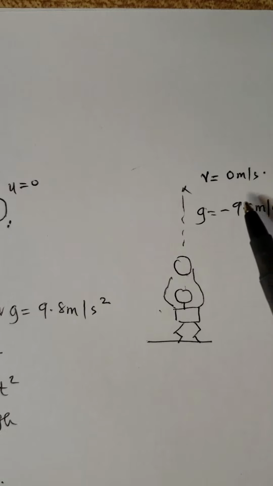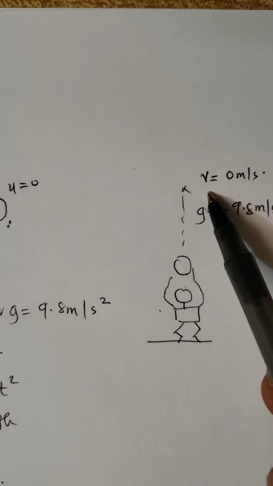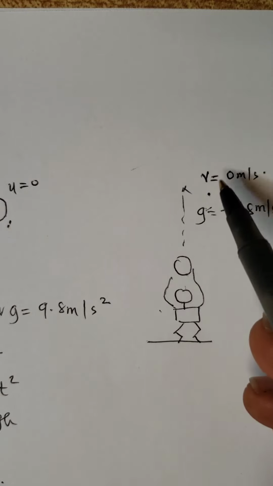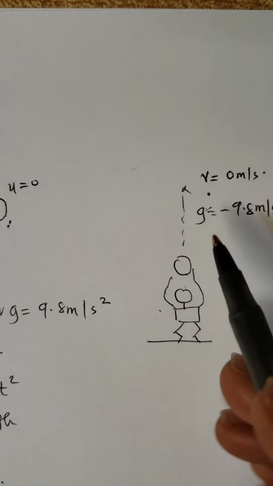Now, you may want to ask, why is the final velocity 0? The reason is that gravity slows down the object during its upward motion. When you throw an object up, it is going against gravity. So the further it goes, as it's traveling upward, it becomes slower. Now it gets to its peak of trajectory, and at that point the velocity becomes 0 before returning to the ground.